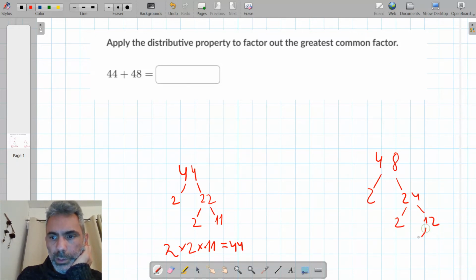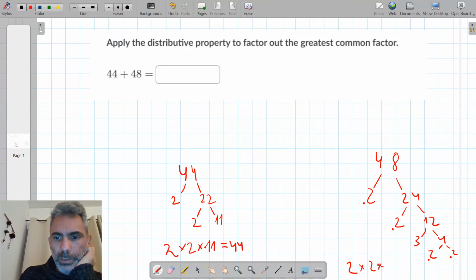And 12 is 3 times 4. 4 is 2 times 2. So 2 times 2 times 2 times 2 times 3 is 48. Right?